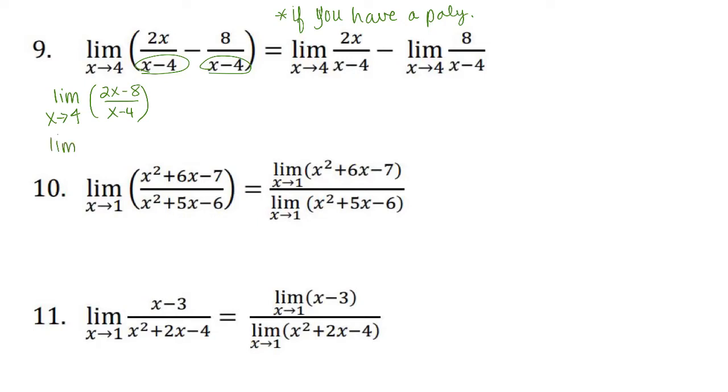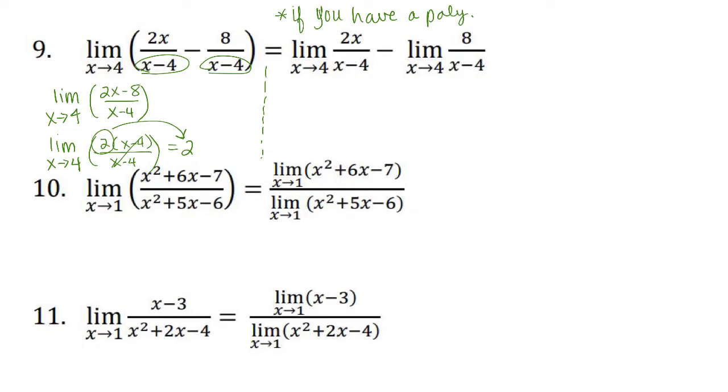And so I have the limit as x approaches 4 of 2 times x minus 4 over x minus 4. And so notice that limit value is going to be 2. And so, because that's the only thing left, and if we have a constant, then that's going to be our answer.